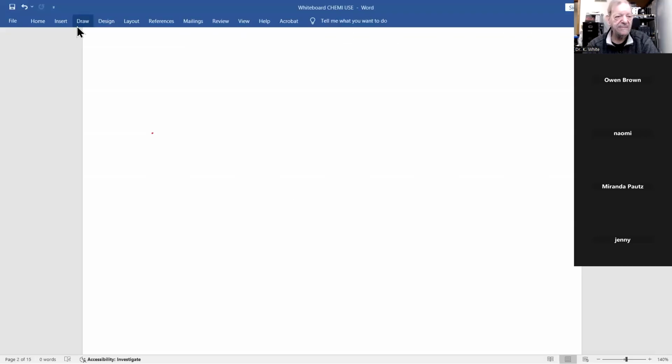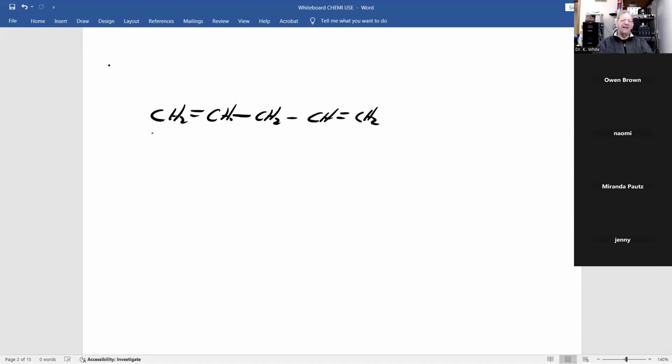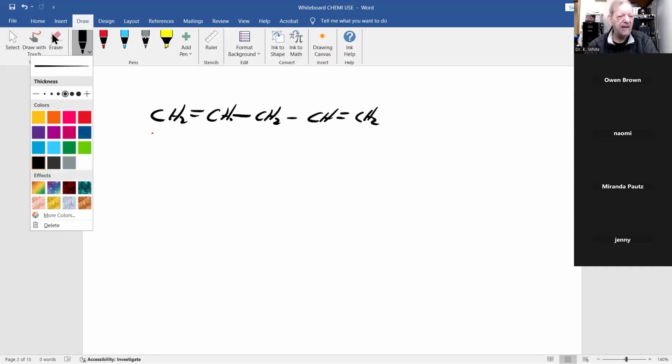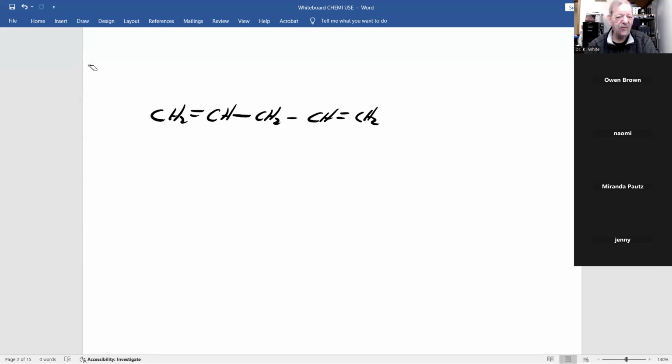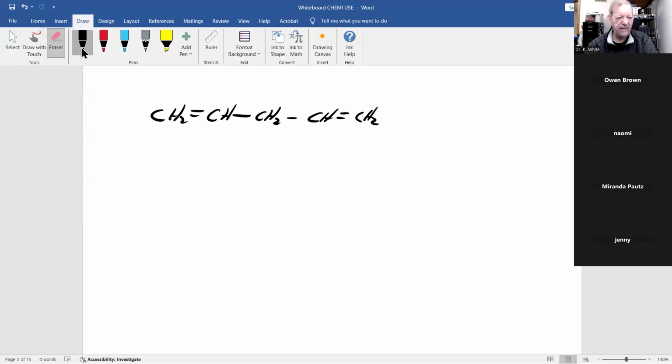If you have more than 1 double bond in a molecule like this one, and if it's separated by 1 or more carbons, like this one is, then each double bond reacts like it's alone.